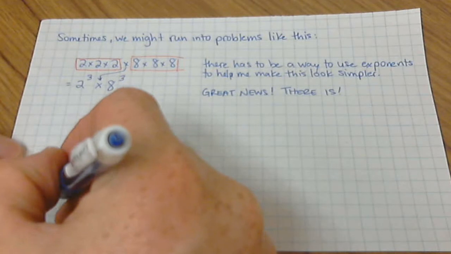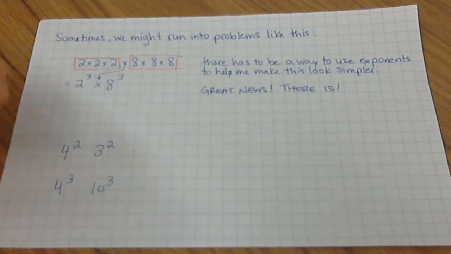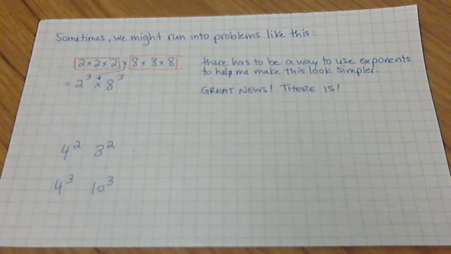When we see something to the power of 3, so say we have 4 to the power of 3 or 10 to the power of 3 or any number to the power of 3, we can say that that is cubed.